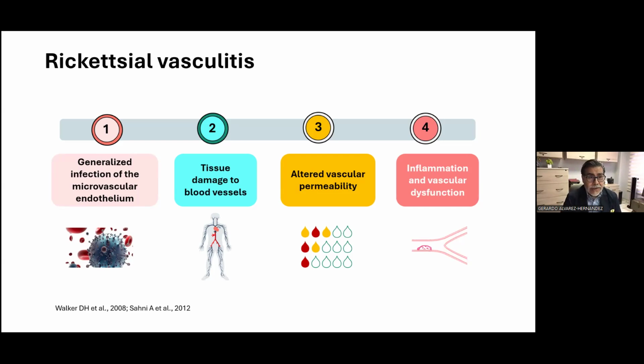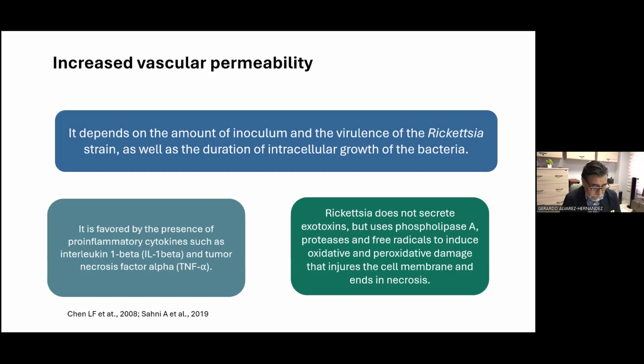So we have rickettsial vasculitis as a very severe process that causes not only an altered vascular permeability, but is also coupled with inflammation and vascular dysfunction. So in addition to the endothelial damage, that is the primary outcome of the rickettsial action.